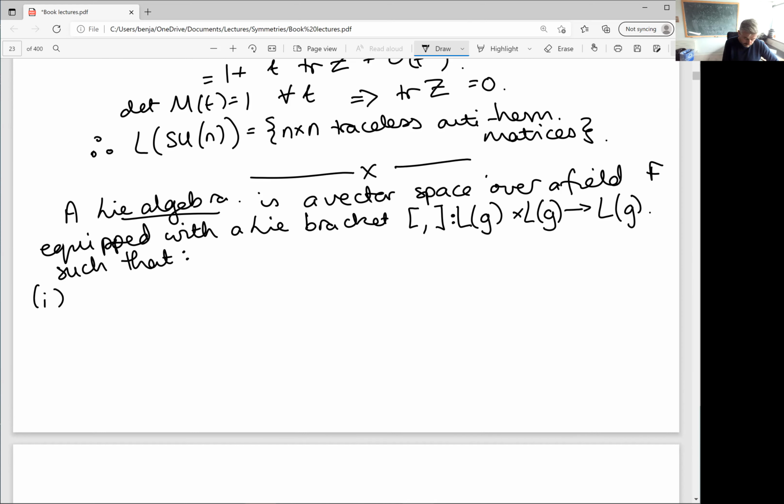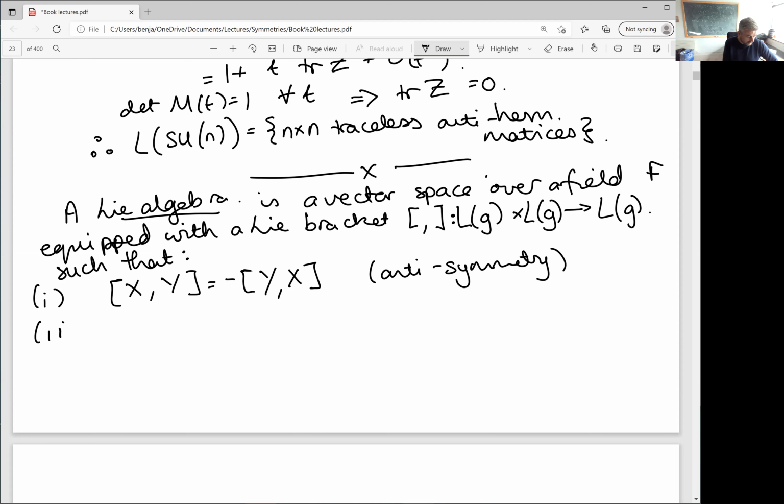Firstly, if we take 2 elements in the Lie bracket, X and Y, it must be minus the Lie bracket of Y and X. So in other words, this is anti-symmetry. Secondly, we have the linearity condition.